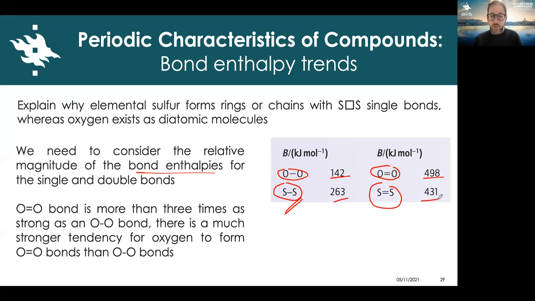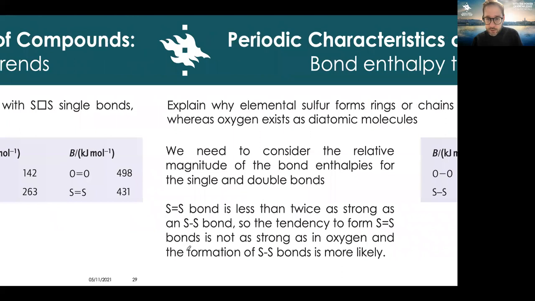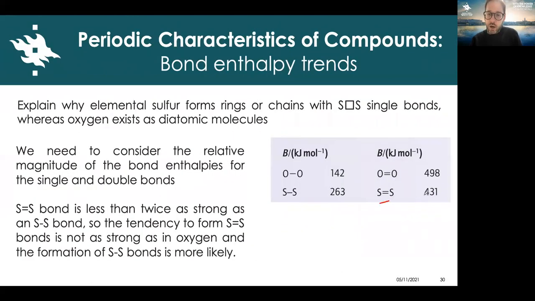But the key here is that for oxygen, the double bond is much stronger. It's more than 3 times as strong as the single bond. And therefore, there is a stronger tendency for the oxygen to form double bonds relative to single bonds. For the sulfur, even though the double bond also has a higher energy relative to the single bond, this double bond is less than twice as strong as the single bond.